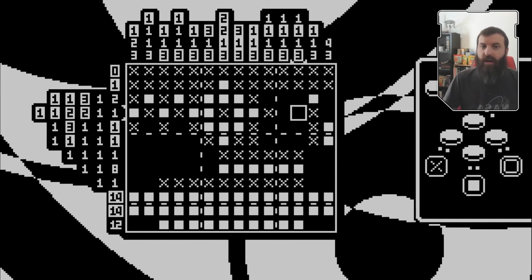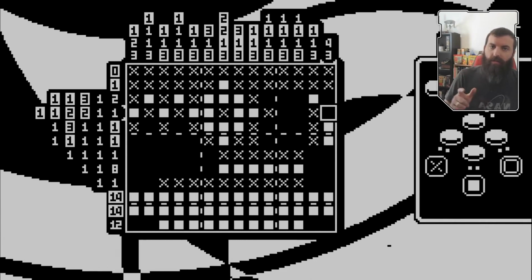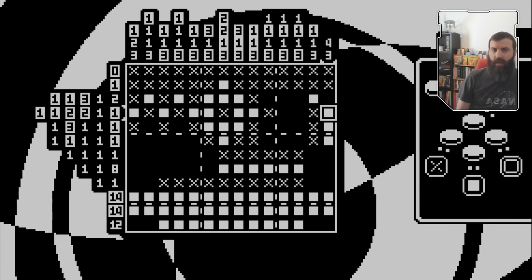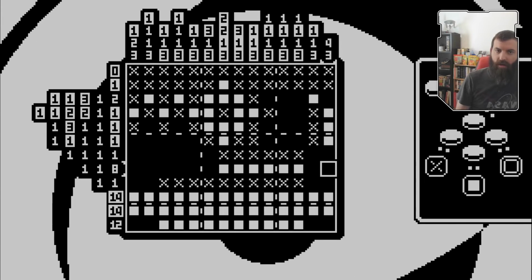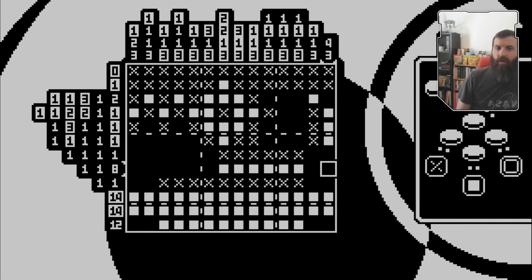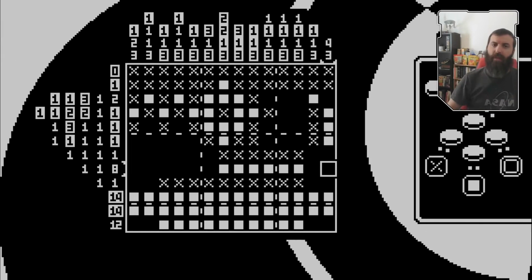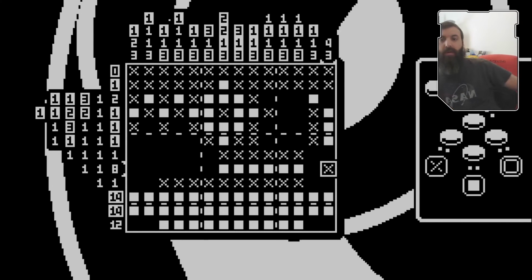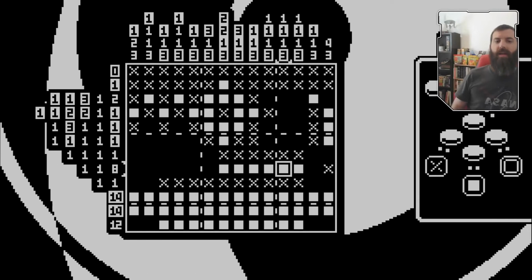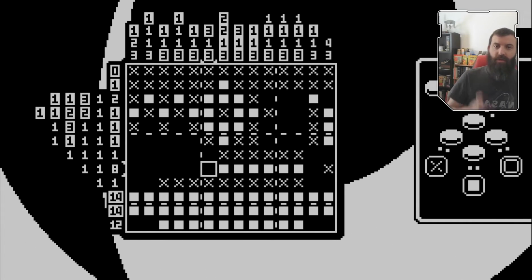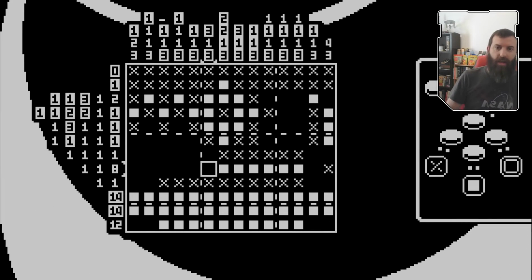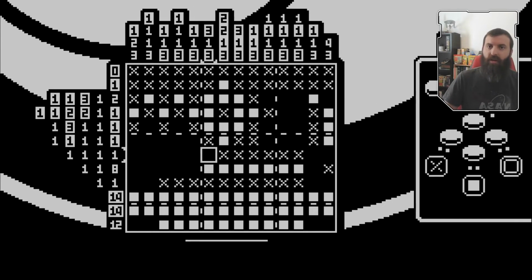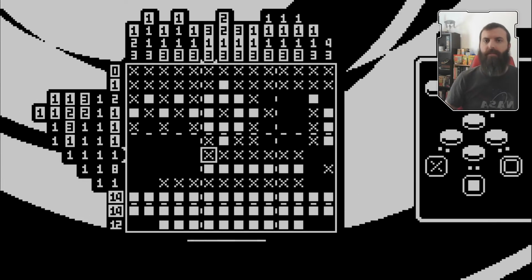Which does now mean one of our pixels has to be here. That is really tightening in our possibility space over here. The 4 couldn't reach down to here, and the 3 couldn't reach up to it. So we can go ahead and X that out. And that does give us a little more certainty now on our 8. Our 8 has to reach to at least here, which gives us our vertical 1.